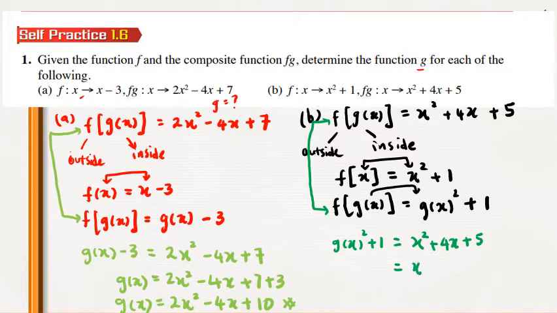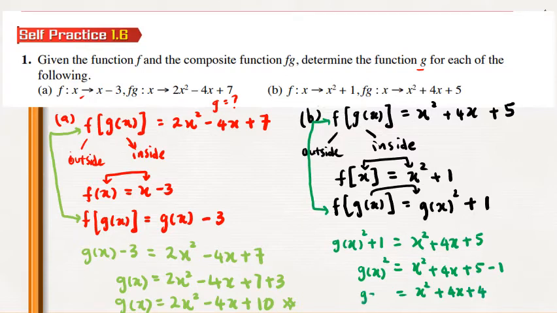Okay, so rearrange first. 4x plus 5 minus 1. Okay. So here we get g(x) square equals x square plus 4x plus 4.